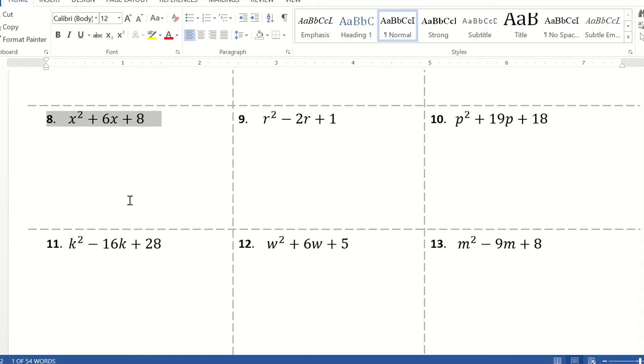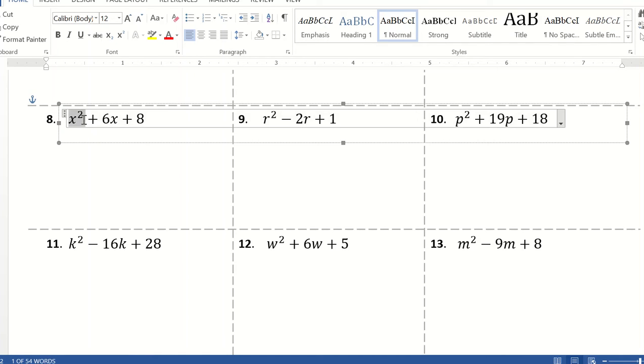So your next plan is to unfoil it. And the way you do that is you look to see, if that's just x squared, then your two bubbles, when they would foil together, both bubbles would have to start off with x. Okay? So, x squared plus 6x plus 8.